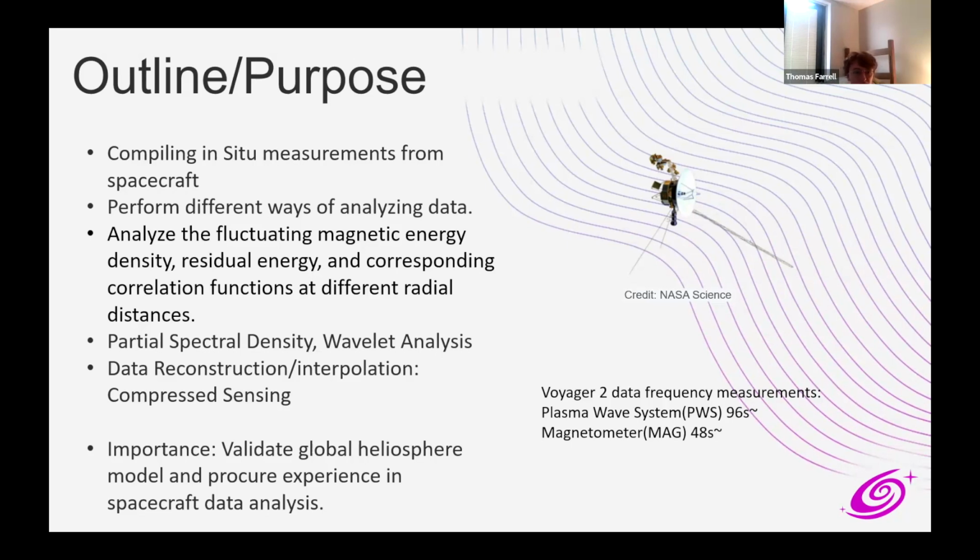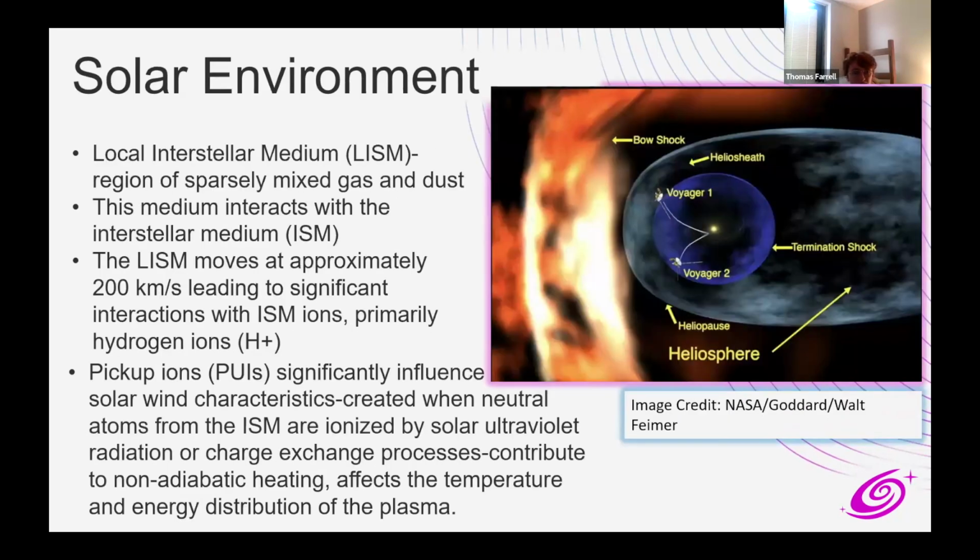Let's see. So a little background. Like the way that the Earth is moving through space, the sun is also moving through space, and it carries its own environment of gas and dust along with it.